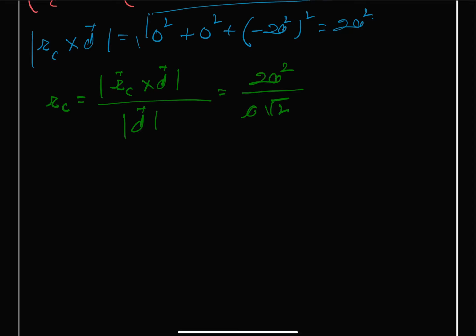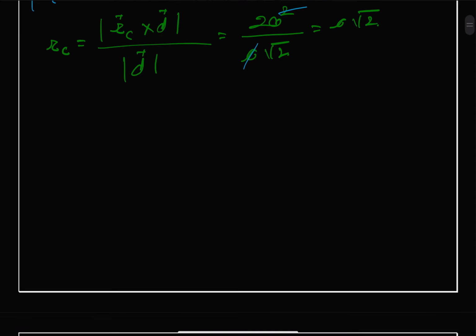Square goes with this 2, and we can rationalize it, and rationalization gives us A square root of 2. So therefore its moment of inertia, that is I of C, will be equal to mass times distance square, which comes as mass times A square root of 2 whole square, giving us 2m a square.